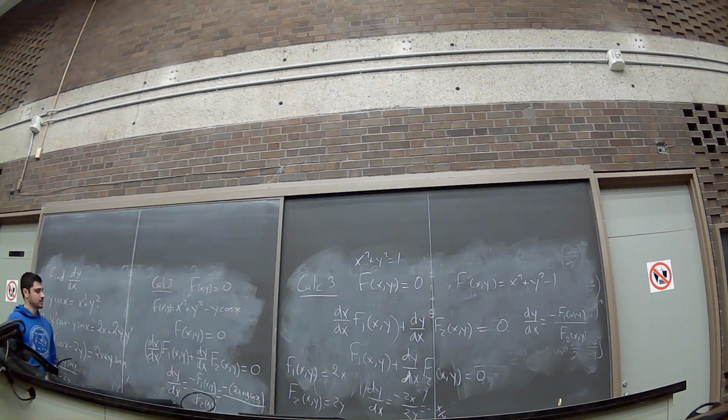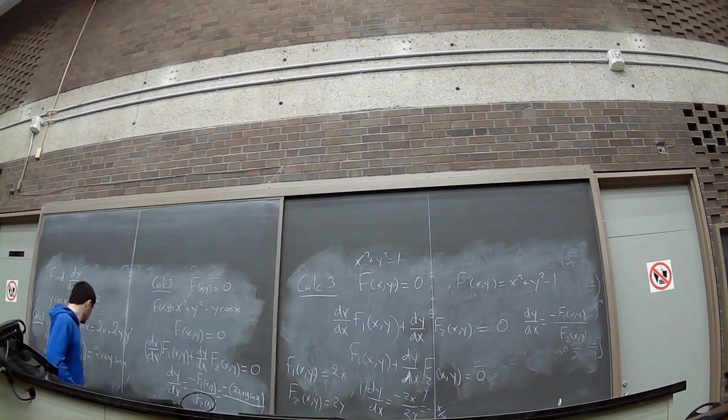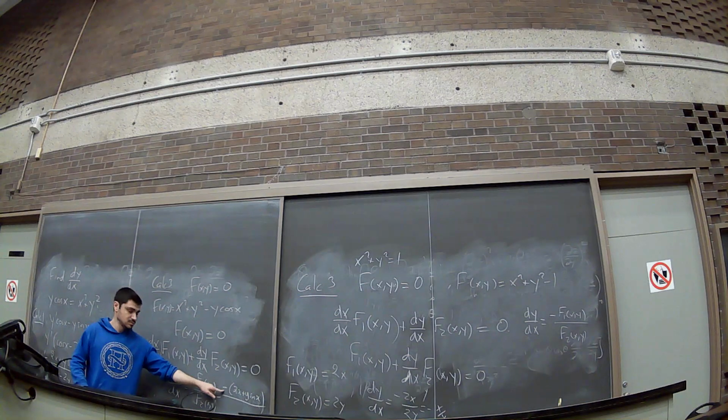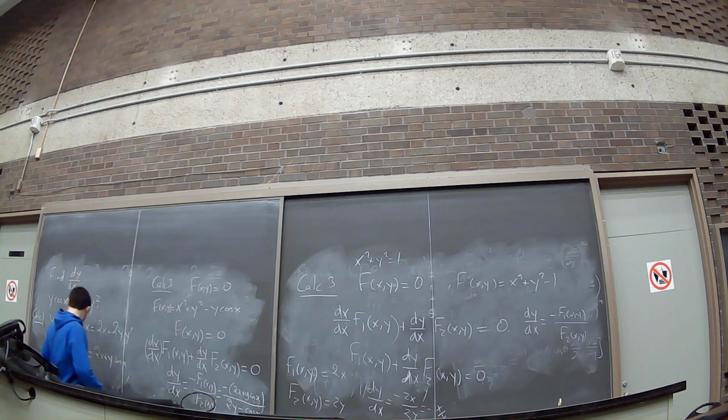Now, what is f2? Derivative of f with respect to the second argument: 2y minus cos x. You have a minus here. Okay? Those two are equal.